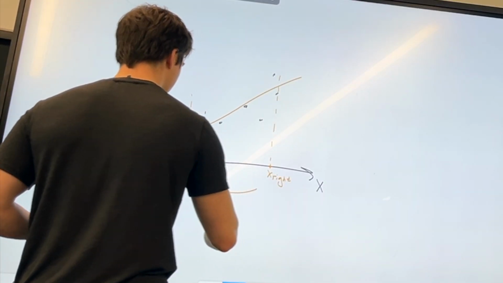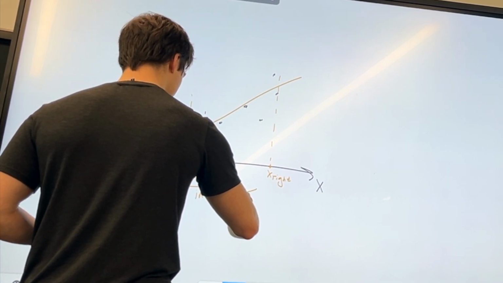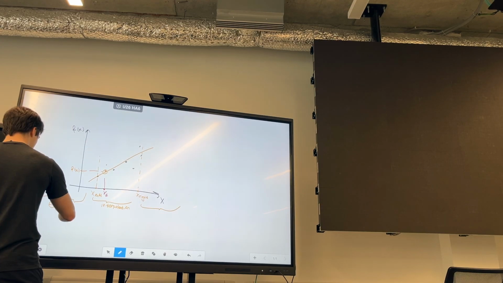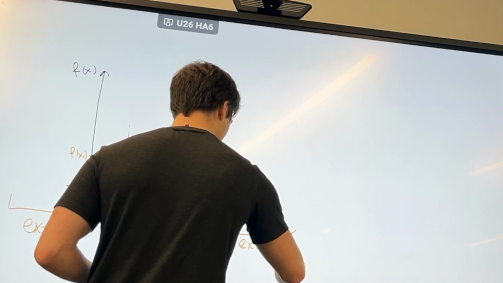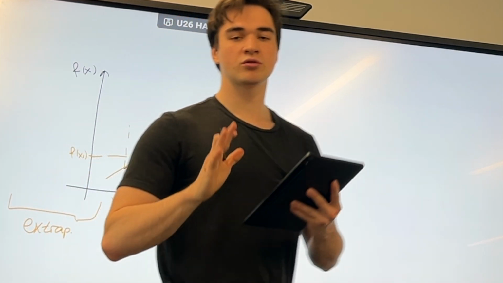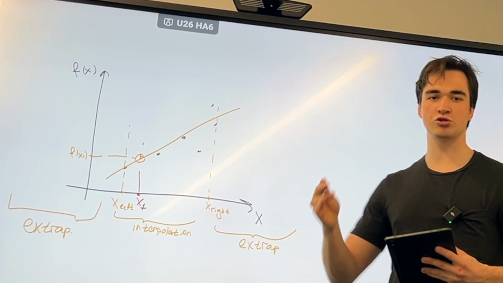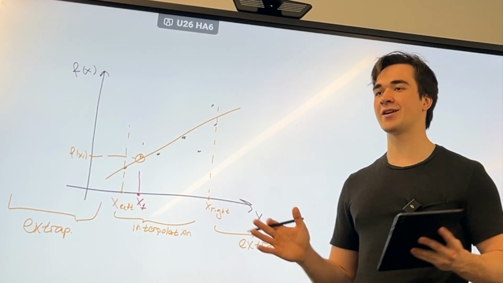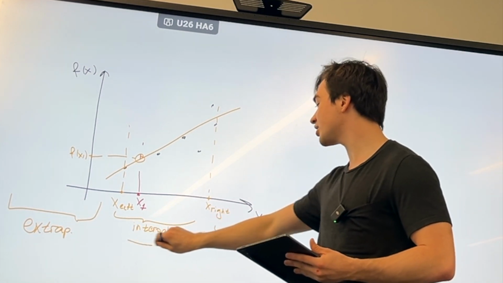Here is interpolation, and here is extrapolation. Today we're not going to talk about extrapolation, and actually if you want to do extrapolation, go to machine learning courses. They will give you a comprehensive guide on how to do it. We will focus on interpolation.